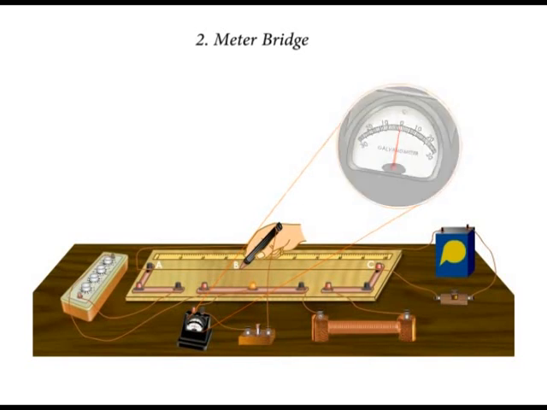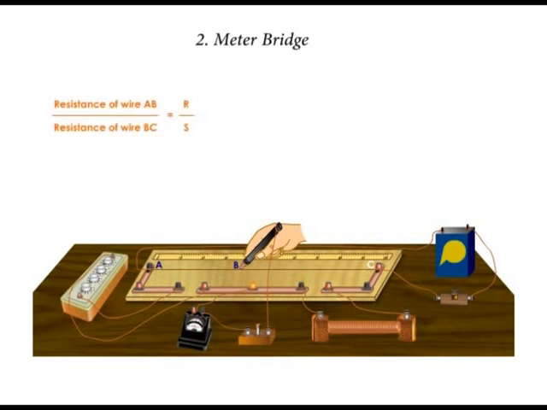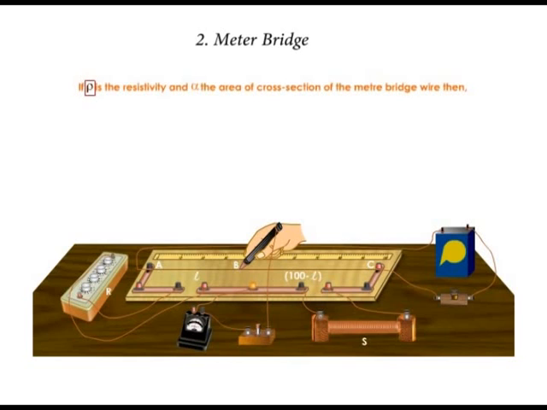When the bridge is balanced, the ratio of the resistance of wire AB to the resistance of wire BC will be equal to the ratio of the resistance R to that of S. That is, P by Q is equal to R by S, or S is equal to QR by P. If rho is the resistivity and alpha the area of cross-section of the meter bridge wire, then S is equal to rho into (100 minus L) by alpha, and P is equal to rho L by alpha.